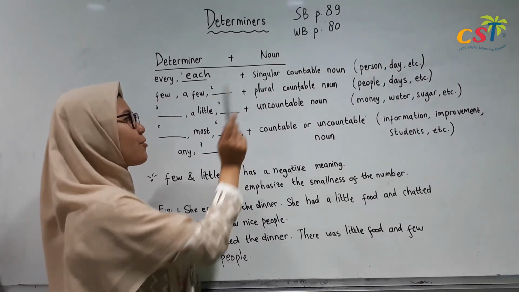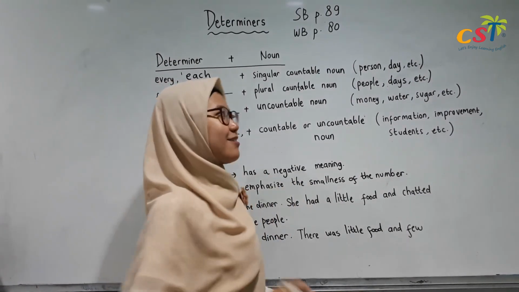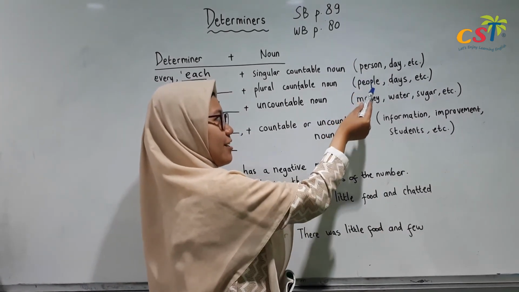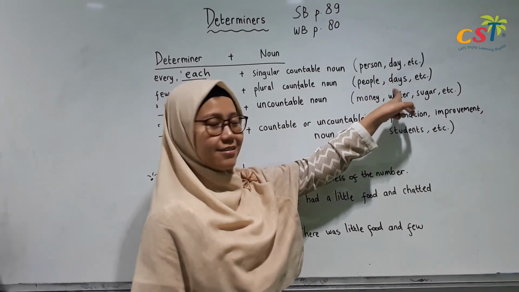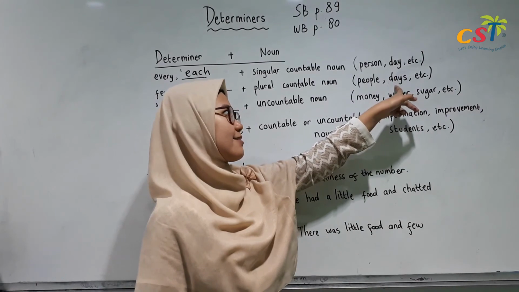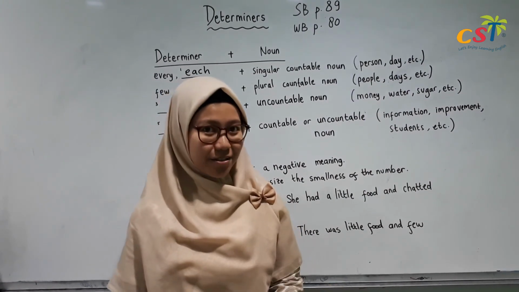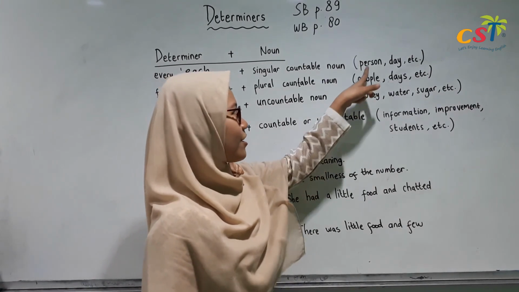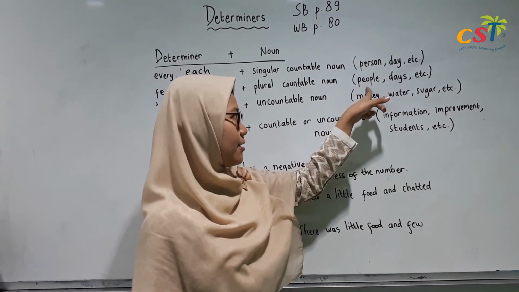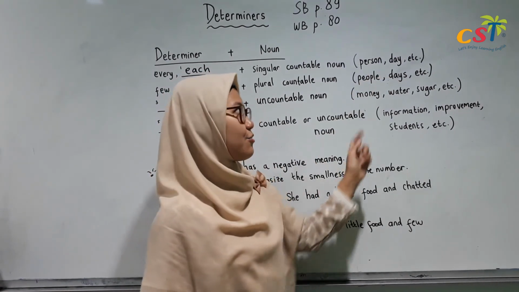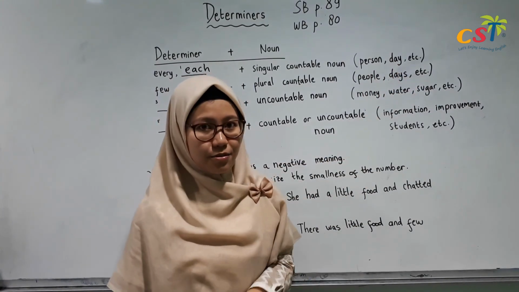How about plural? Plural noun means more than one. The plural for person is people, right? For day, the plural is days. We add s. But remember, there are some regular and irregular patterns. If irregular, you change it completely. Person becomes people. But if regular, you just need to add s. Day, days. Book, books.